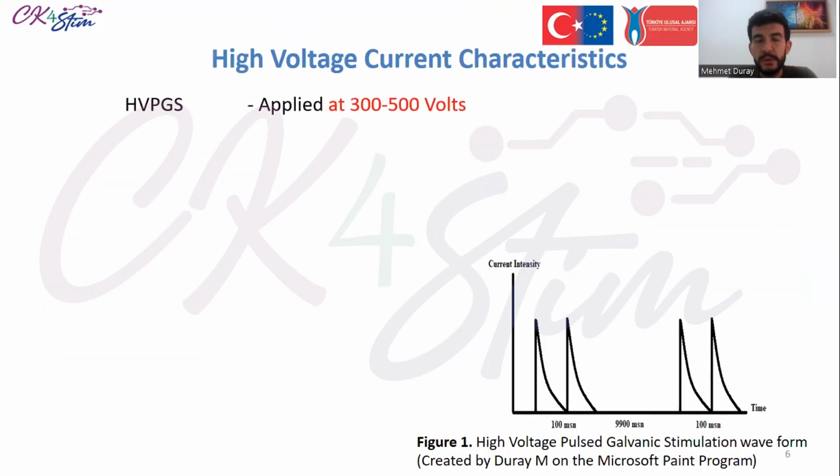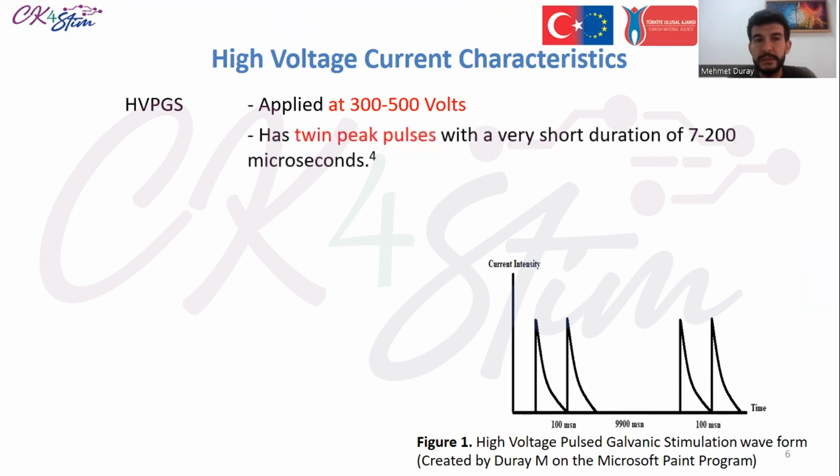High voltage pulse galvanic stimulation is especially applied at 300 to 500 volts, and the current has twin peak pulses, as you can see in figure 1. This is the first peak, and this is the second peak.